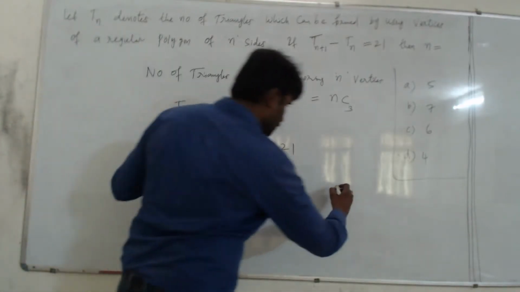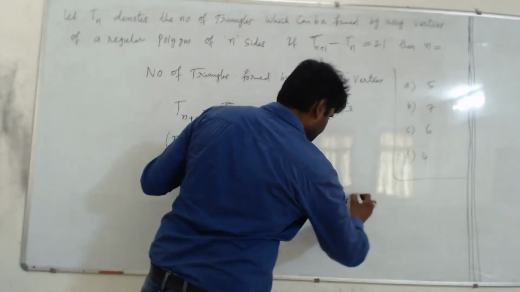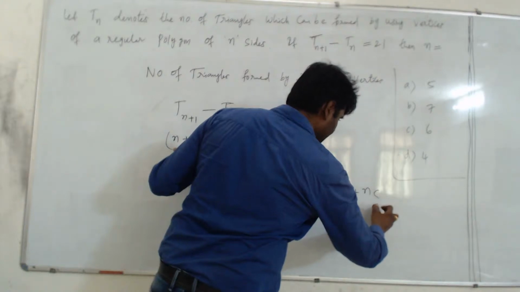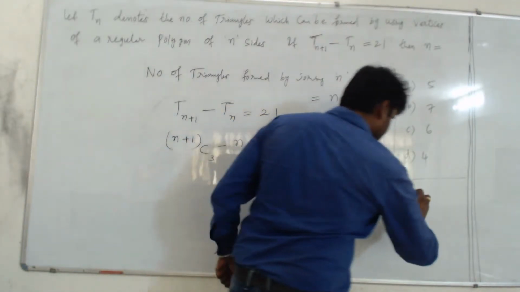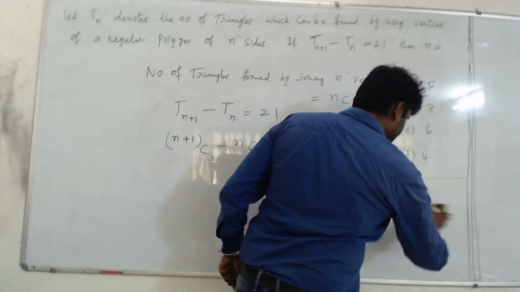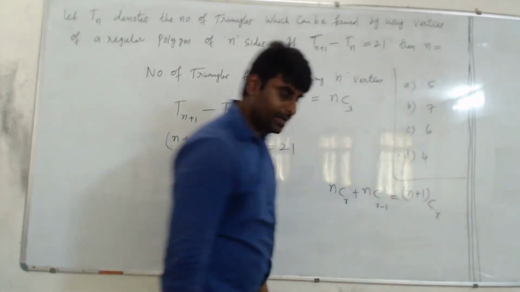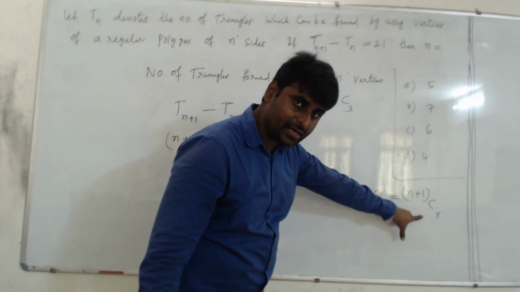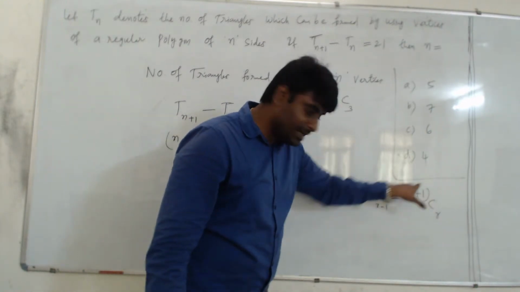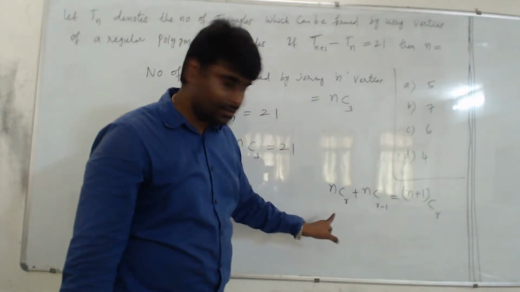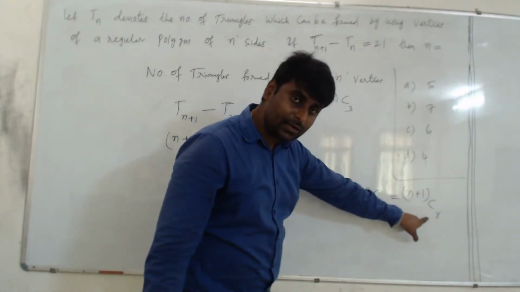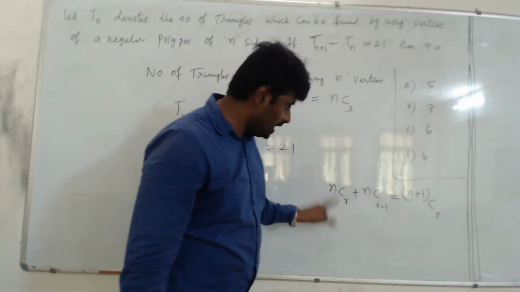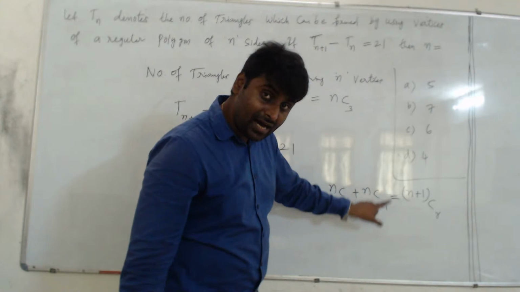Okay? So we know this formula, nCr plus nCr minus 1 equals n plus 1 Cr. The same way, we can write the same formula in reverse manner. N plus 1 Cr can also be written as nCr plus nCr minus 1.